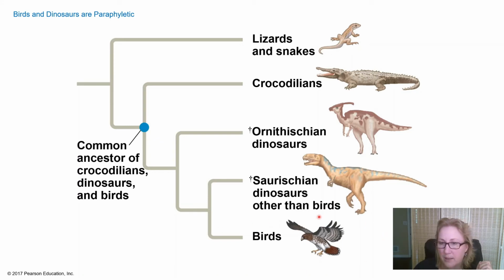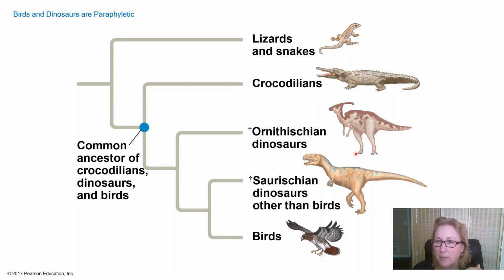Birds are one of the famous examples of a group that is a problem for cladistics. The order of reptiles includes crocodiles, who are the closest living relatives to dinosaurs other than birds. Birds, we now know, evolved from the theropod dinosaurs, but all of the dinosaurs other than birds have gone extinct.